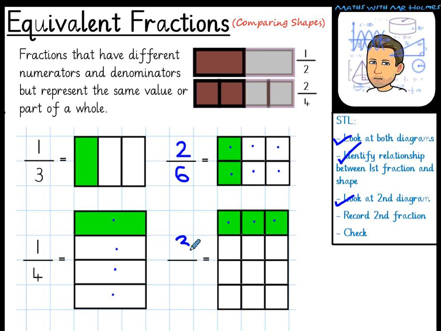That's our numerator. How many altogether? We have 3, 4, 5, 6, 7, 8, 9, 10, 11, 12. 12 pieces. That's our denominator. So as we can see, 1/4 is equivalent to 3/12.